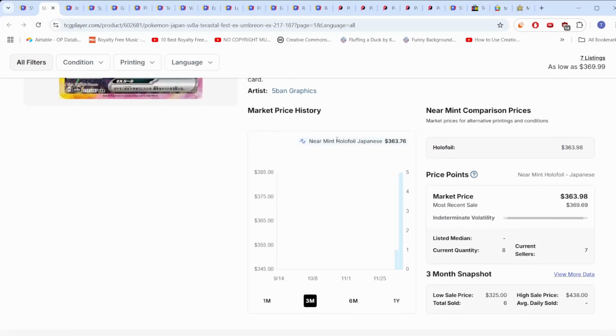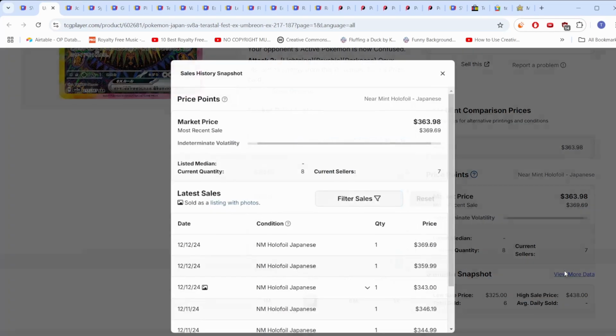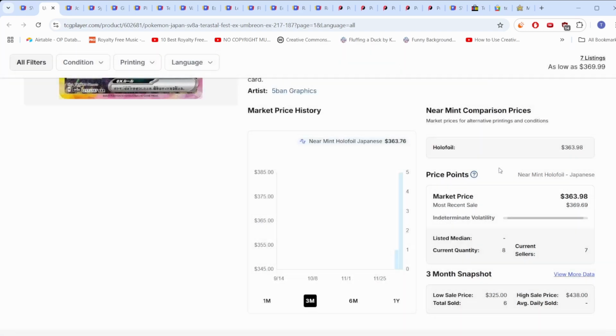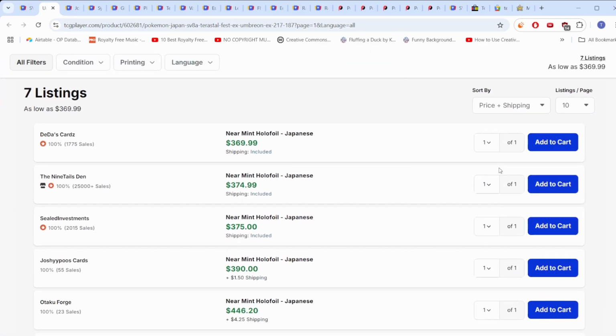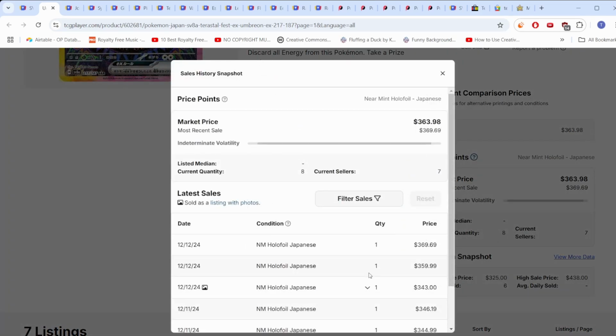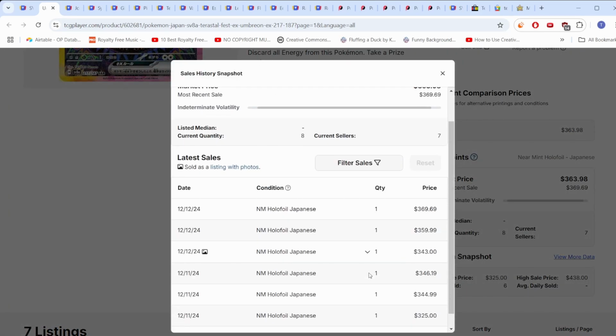But yeah, I did look at this, and the data was at least nice and recent. There are three sales here. If you see a little picture here, it means there's usually some caveat to the sale. Maybe it was lightly played, or something like that, and I wouldn't treat that as a real sale. For example, booster boxes with that symbol are sometimes just 36 loose packs.